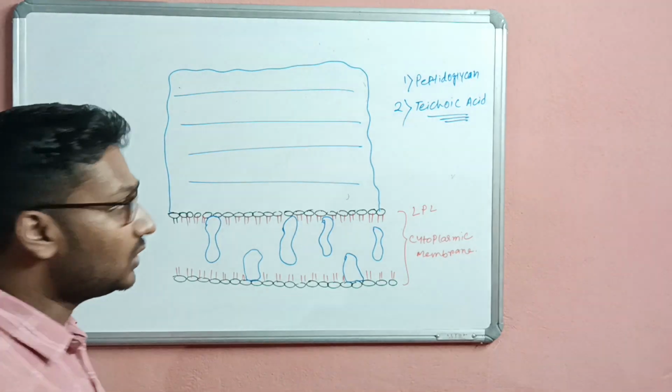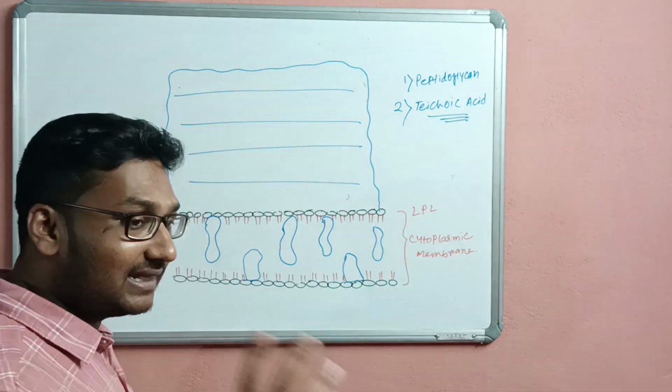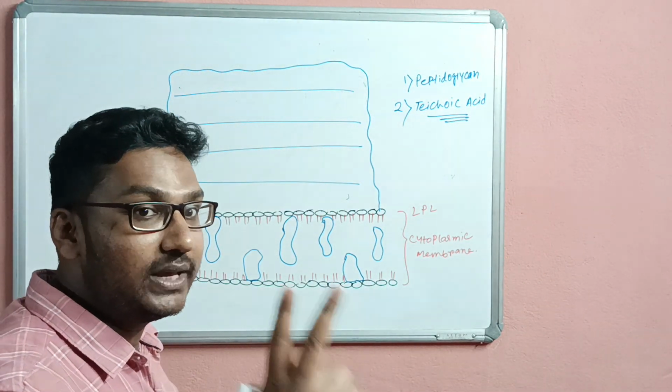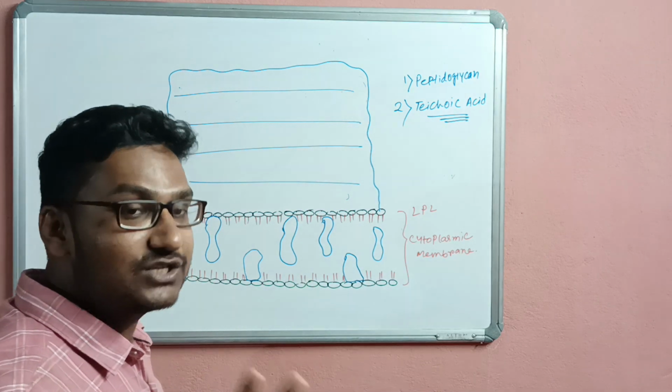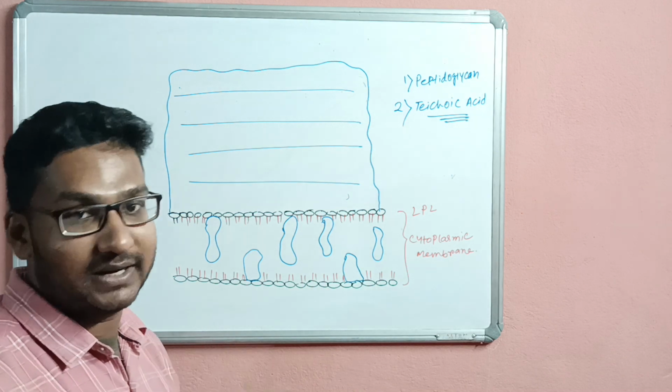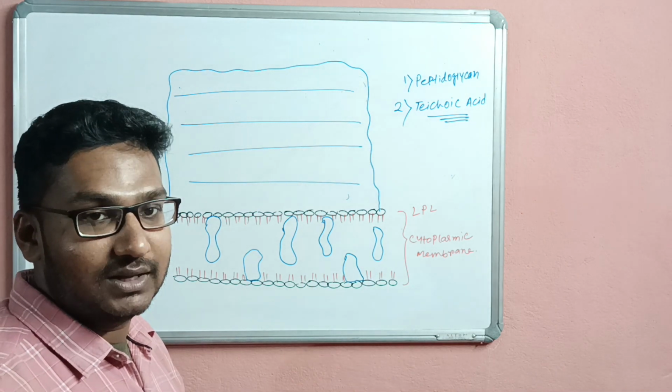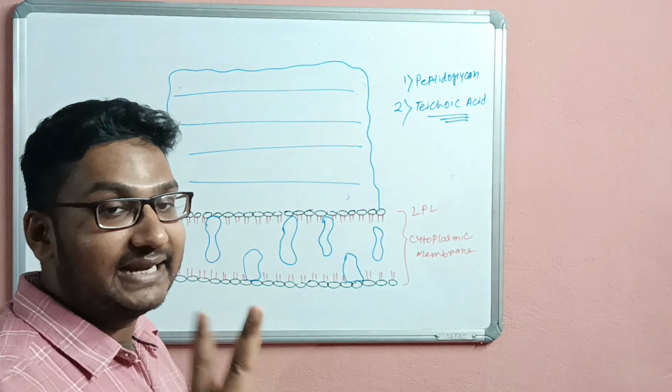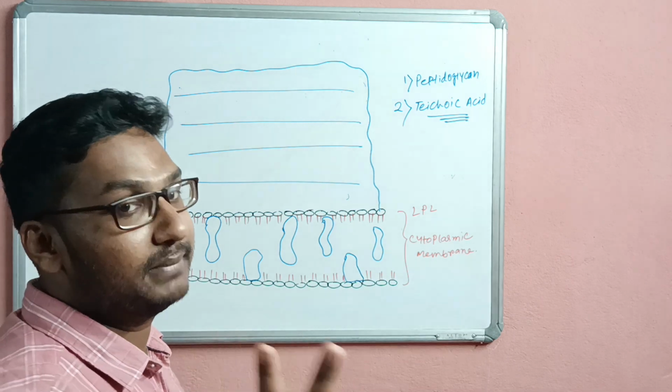Okay, clear. So now another major component is teichoic acid. Teichoic acid consists mainly of alcohol and phosphate compounds. Okay, so two types of teichoic acid are generally present.